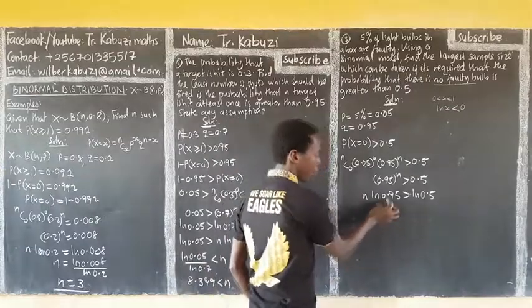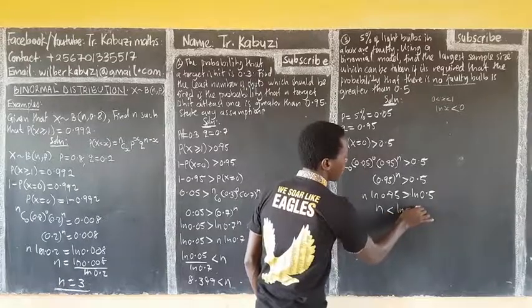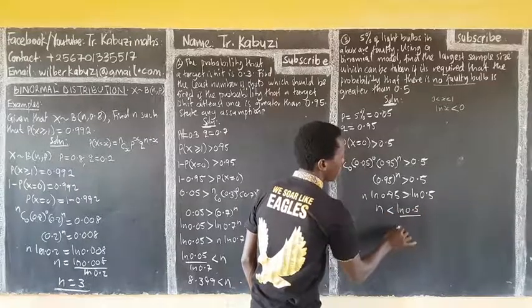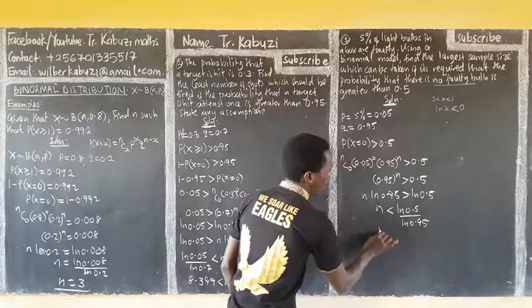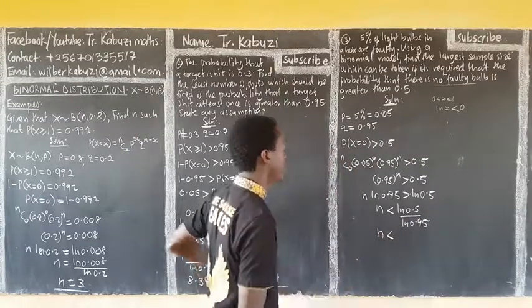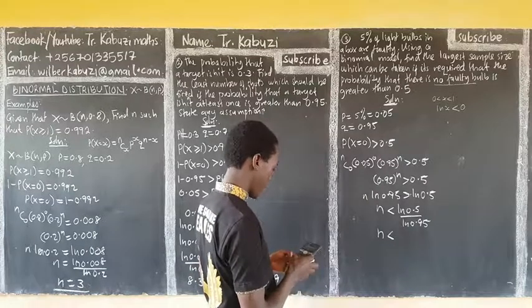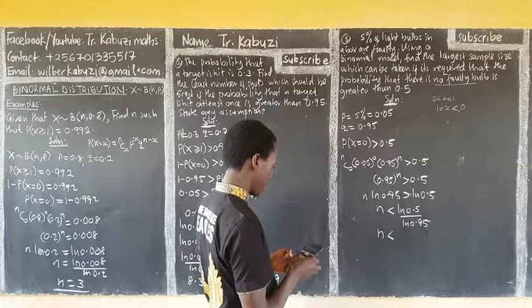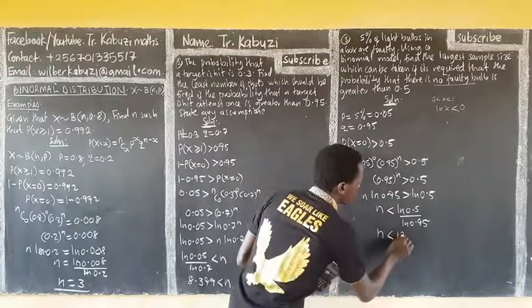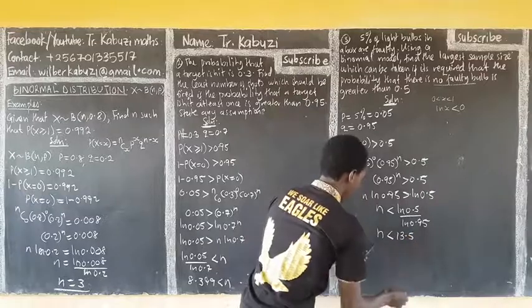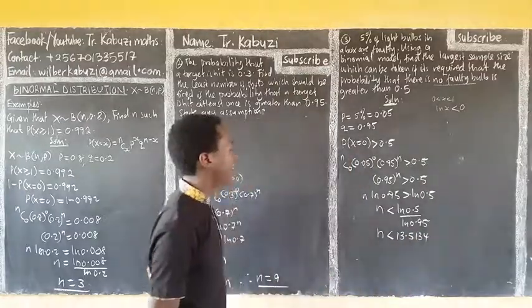Now the inequality, because this is going to be negative, we change the sign. And so my value here should be 13.5134.